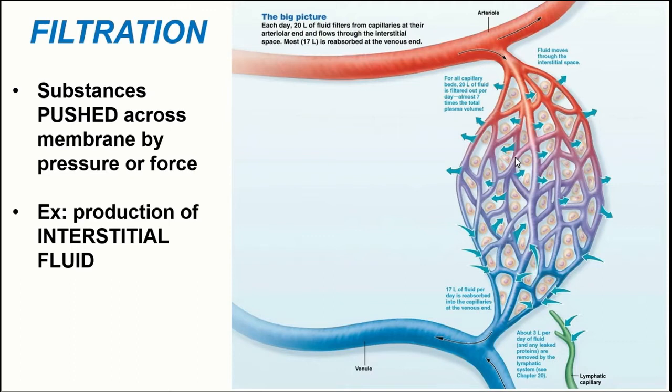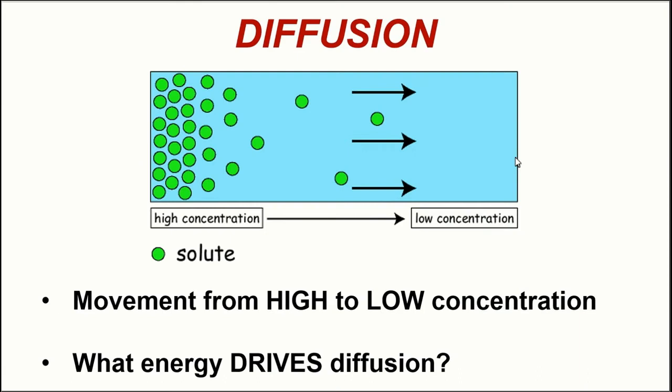That's filtration. We see this in all major capillary beds of the body. We also see it in places like the kidney, and we'll discuss that when we get to the chapters in A&P 2 that describe renal and kidney function.